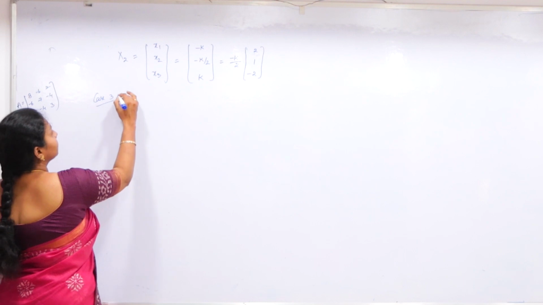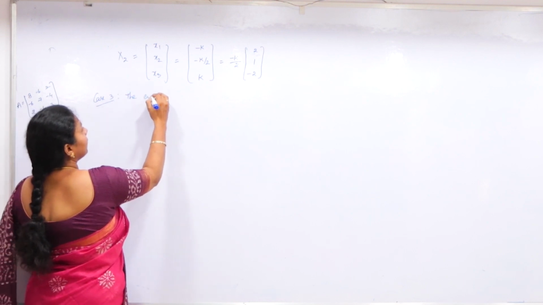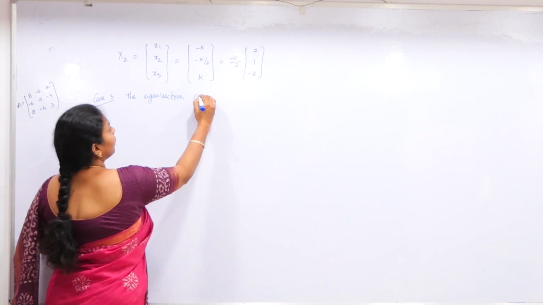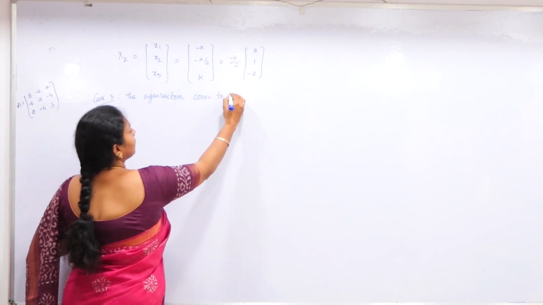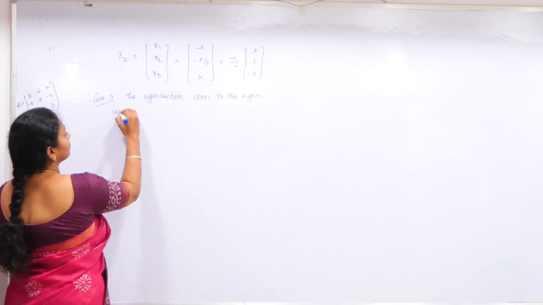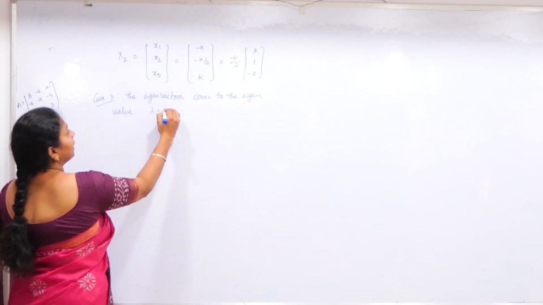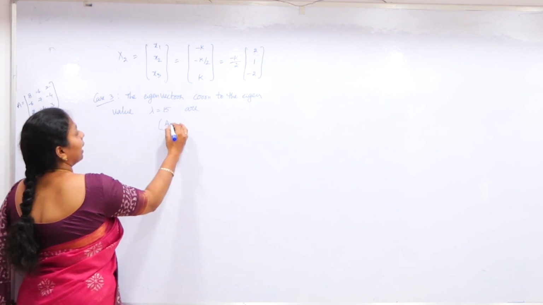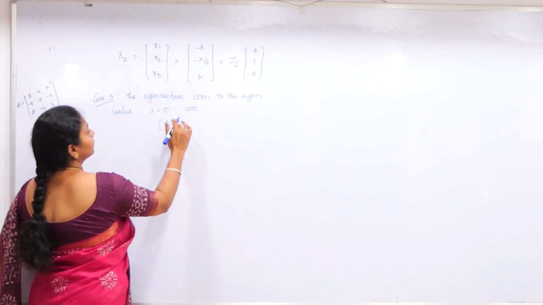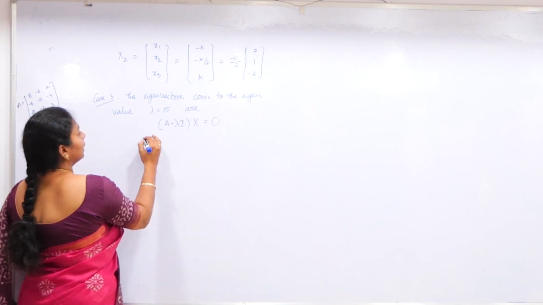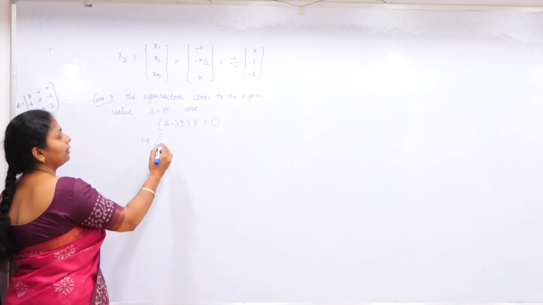Next, case 3. The eigenvectors corresponding to the eigenvalue lambda equal to 15 are (A minus lambda I) x equal to O. Replace lambda by 15.